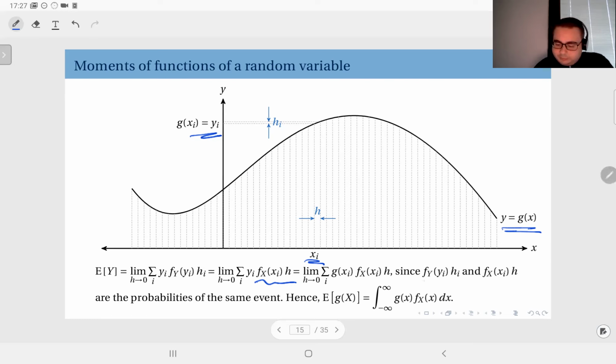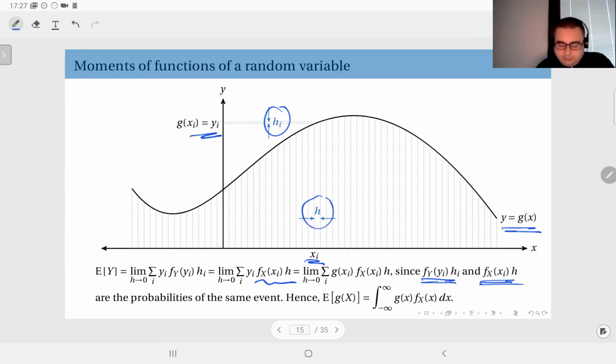Therefore, we can write the PDF of Y evaluated at y sub i times h sub i, this small interval here, which defines the probability of Y being in the vicinity of y sub i, should be at the limit equal to the probability that random variable X is in the vicinity of x sub i, which is represented by the PDF of X evaluated at x sub i times h, this small interval.